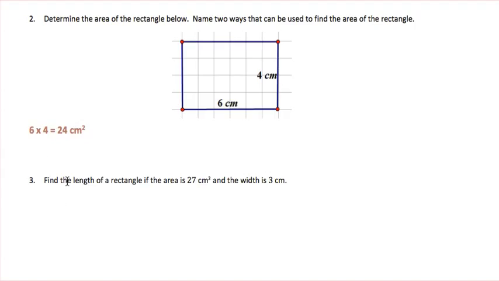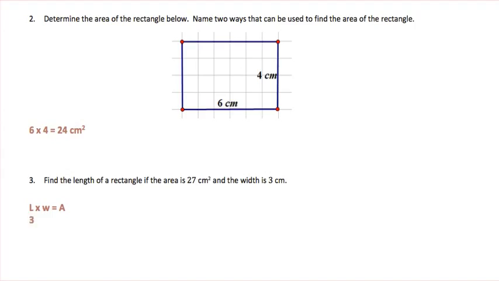And then, if we want to find the length of a rectangle, if the area is 27 square centimeters and the width is 3 centimeters, we would take our formula, which again is length times width equals the area, and we'll substitute some number times the width.